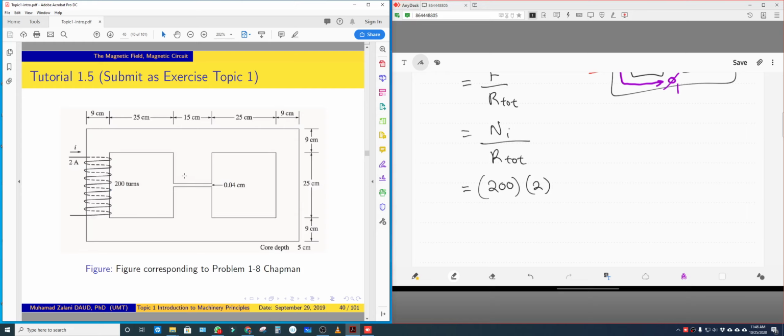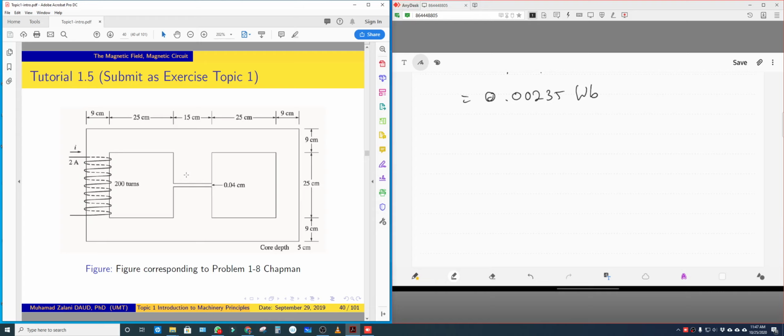But we want to use the flux divider rule to get the flux in the other parts. So I write here: the fluxes in the center leg and right leg can be found by the flux divider rule.